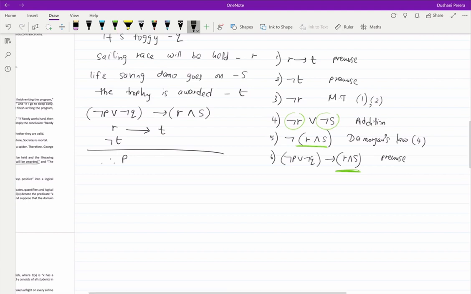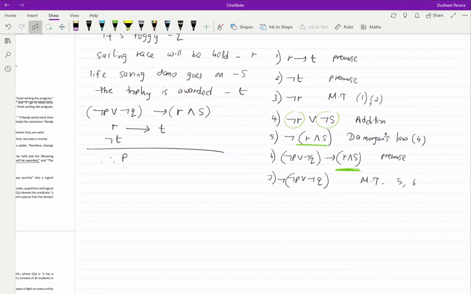So what I'm going to do now is I'm going to use modus tollens and get the negation of this. This is using modus tollens on 5 and 6.